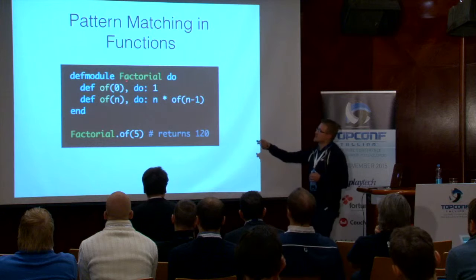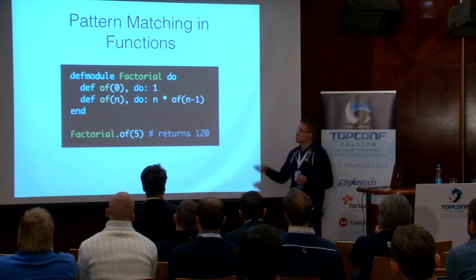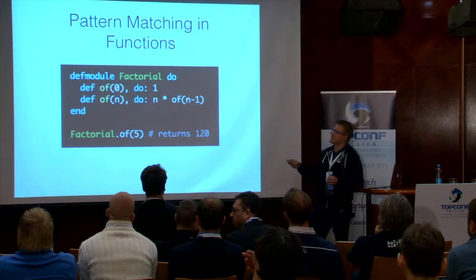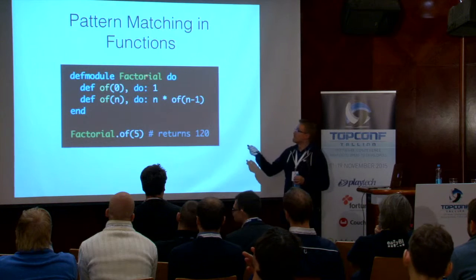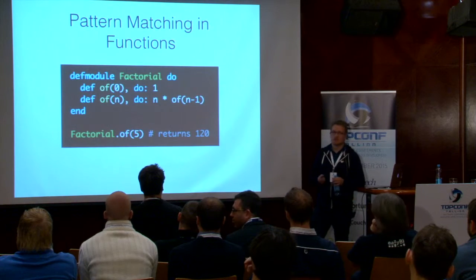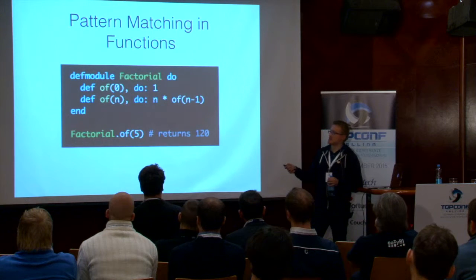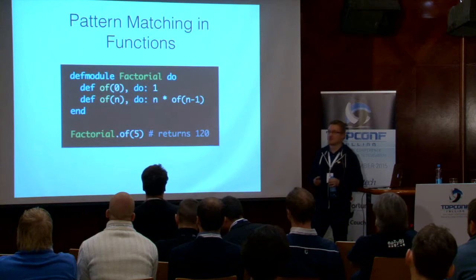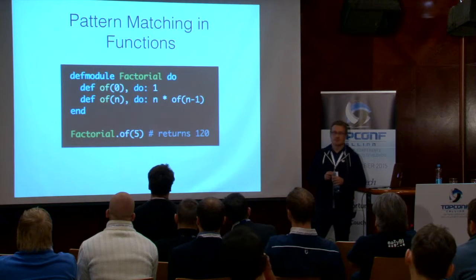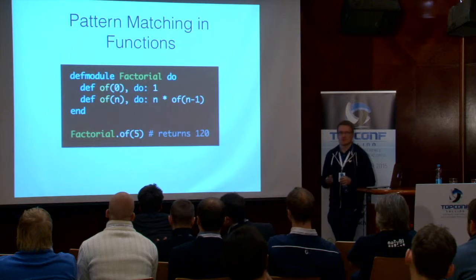The first definition matches only when the argument is 0. And when we're calculating factorial, by definition, we return 1. And if it's anything else than 0, it will pattern match here. Of course, the pattern matches can be a lot more complex than this one, but I'm showing the simplest example here. And then it calls itself recursively.